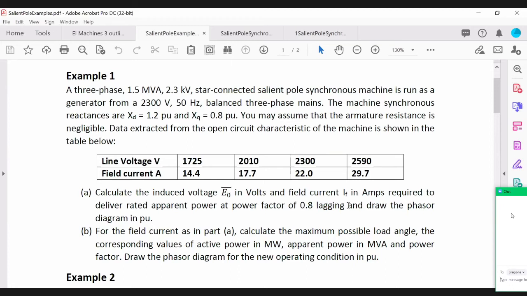You will see that in the salient pole machine, we are basically working in per unit. You will find that most of the time.